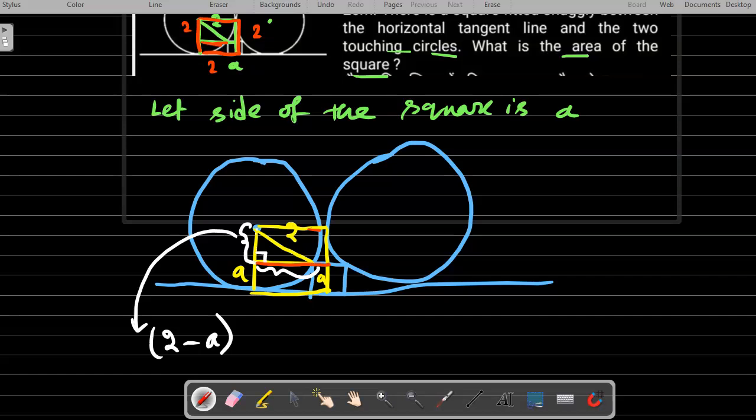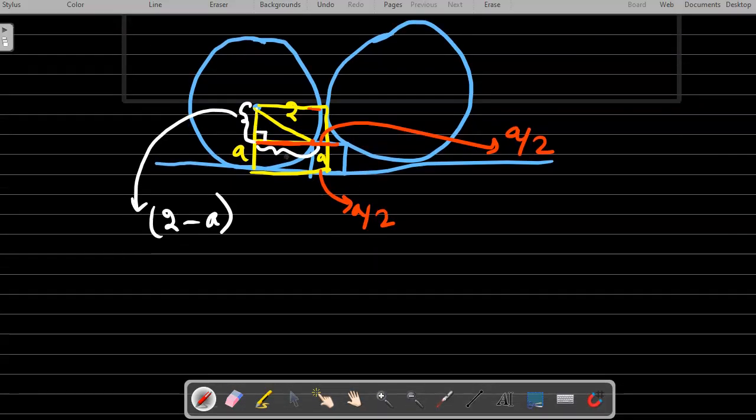Now we have to find where this triangle meets this length. This side is A by 2, so this upper portion is also A by 2. And now this red line is 2. So in this triangle, this base is 2 minus A by 2.